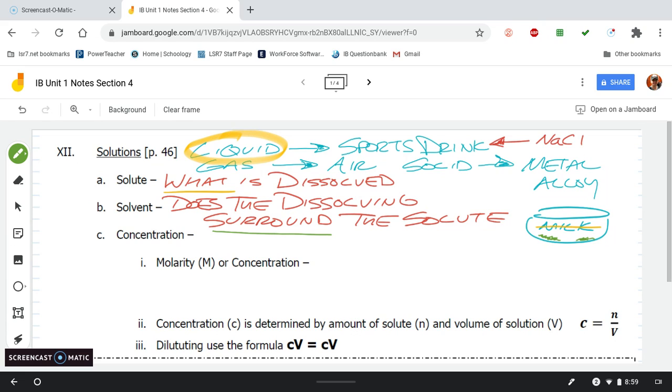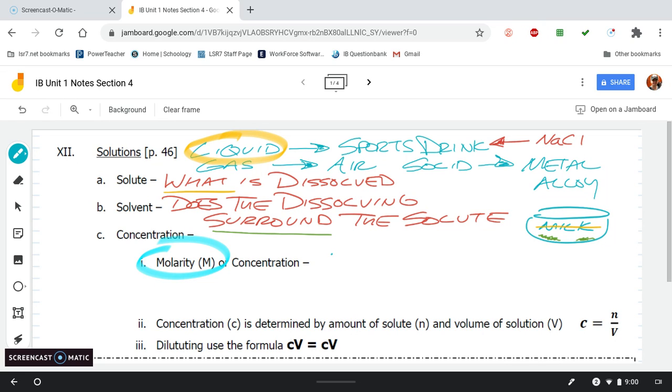So let's talk about the idea of concentration. The idea of concentration is that you're comparing your solute to your solvent. That's what concentration does. But we have a very specific one that we use here in the chemistry class, and that's molarity, which is going to be a capital M. Molarity is the one that we use, because we use a lot of solutions made of water.